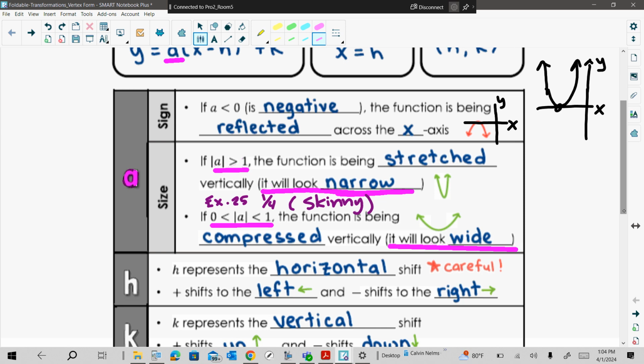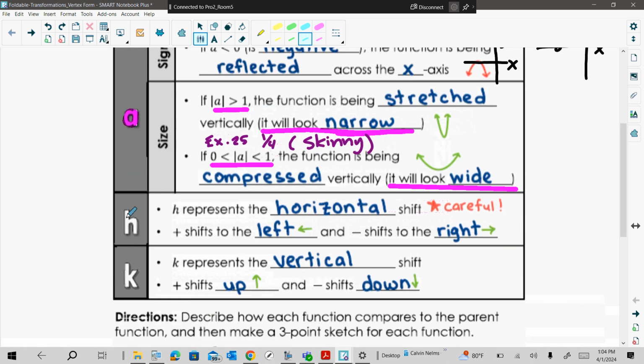All right, now the H, think of H for horizontal. The H shifts left or right. Now, just be careful because you've got to think opposite. Stop the talking, please. If it's a positive, normally on the number line, positives are to the right, right?